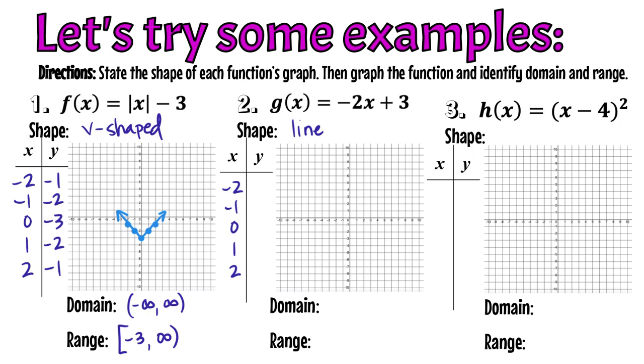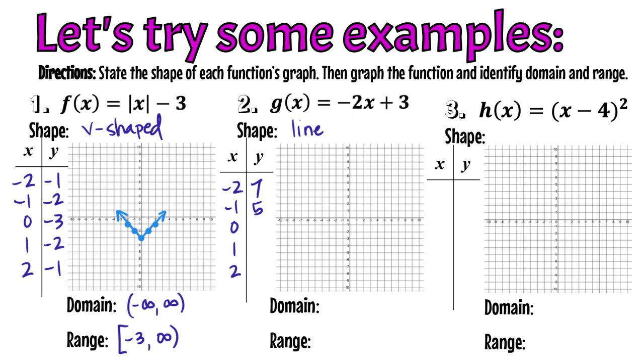So if I plug in -2, g of -2 equals -2 times -2, that's going to give us a +4. +4 plus 3 gives us 7. So again, if you need to write this down to evaluate these, please do so on paper. You should always do that rather than making mistakes. If g of -1, -2 times -1 gives me a +2. +2 plus 3 gives me 5.